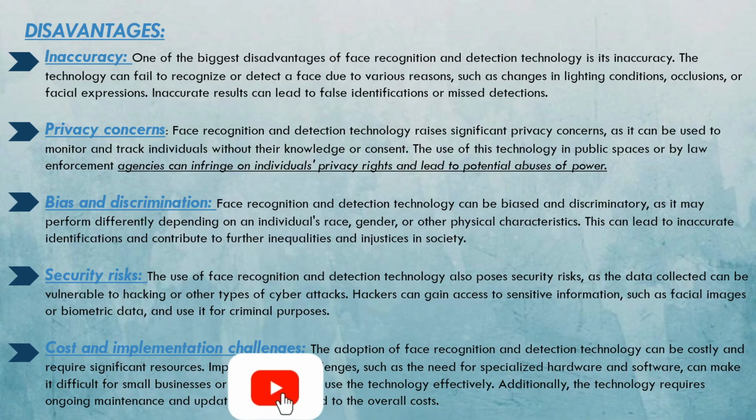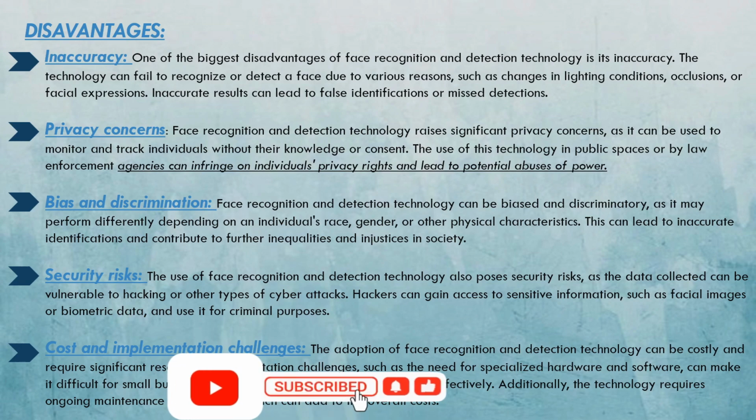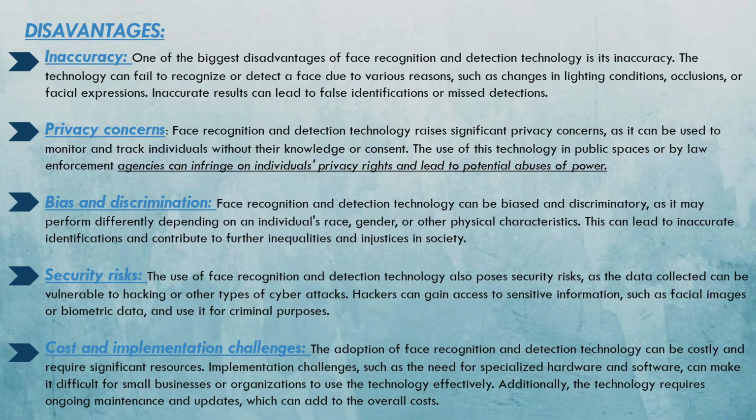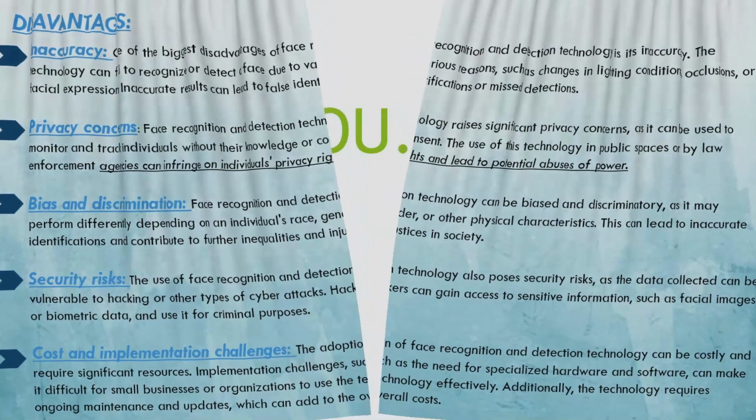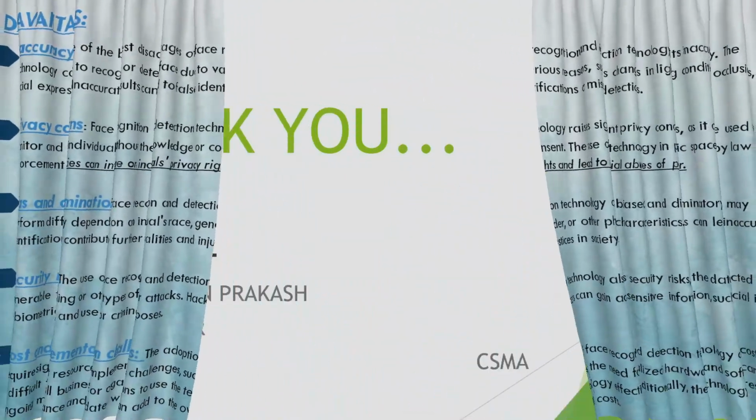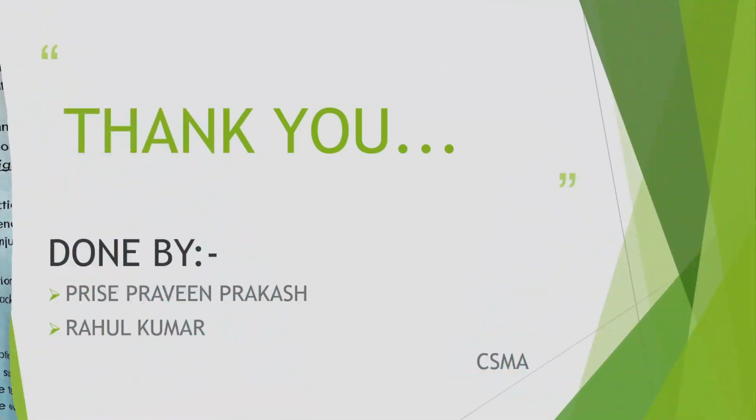Since we want greater accuracy and greater speed, good quality equipment is needed. If you want to afford good quality equipment, it will be a huge amount to pay. Thank you.